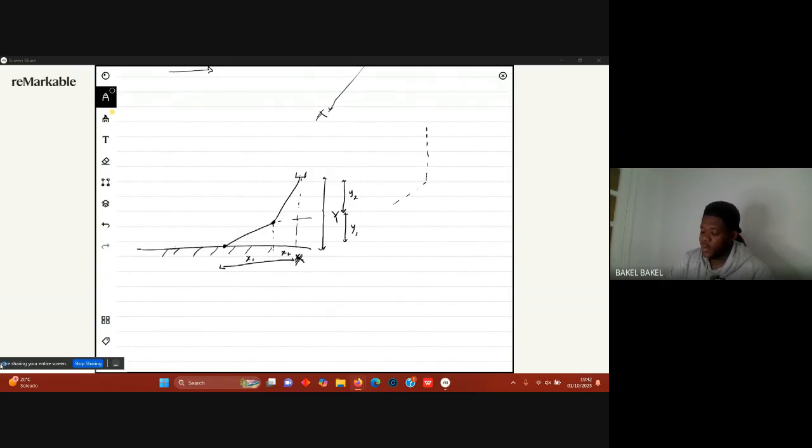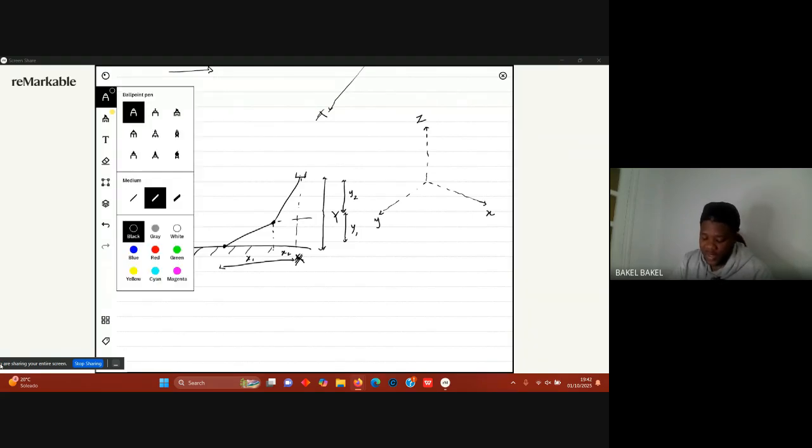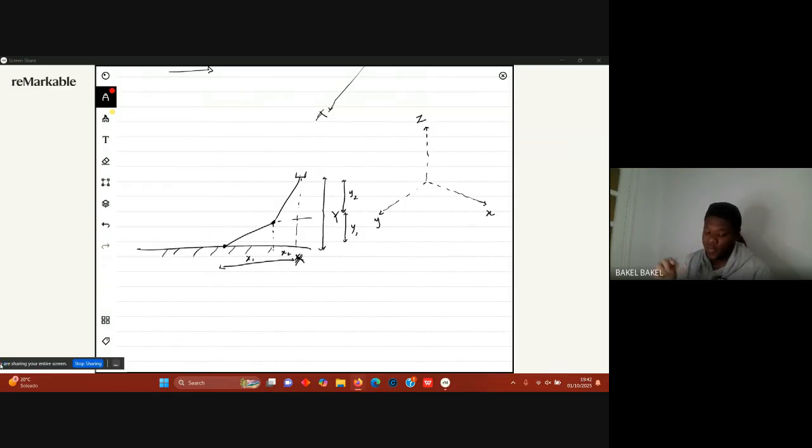obviously 3 axes, Y, X, Z. Now let's assume we draw our two-link robotic arm in 3 dimensions. Now let's say we go up and then we go like this way.